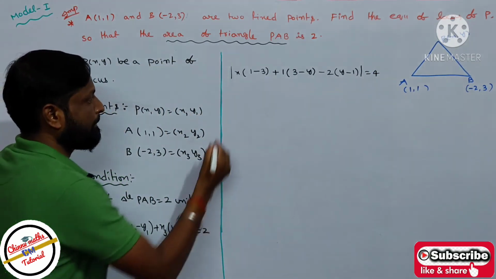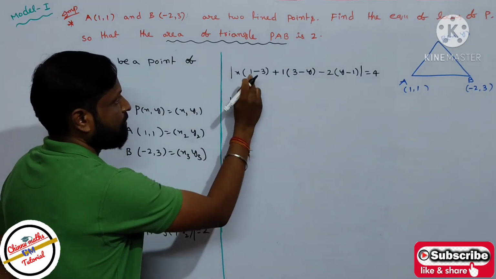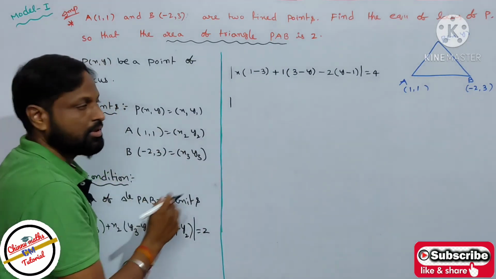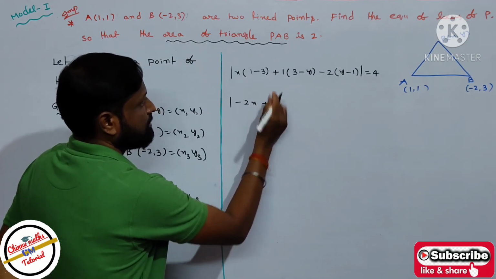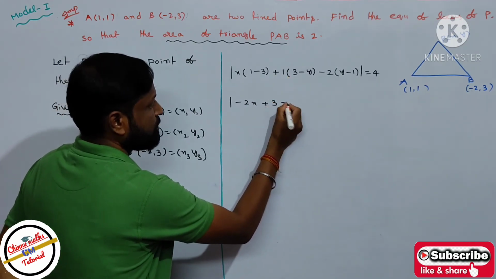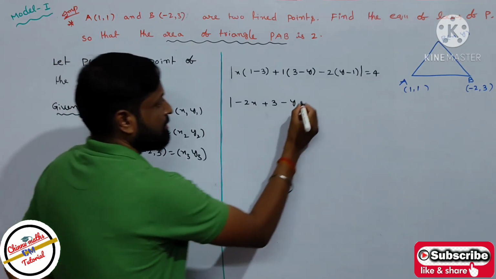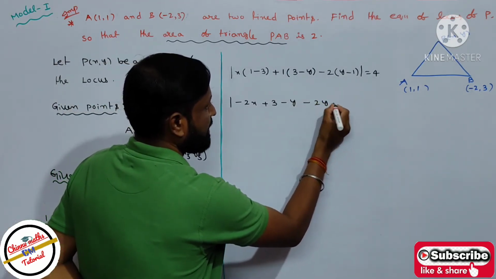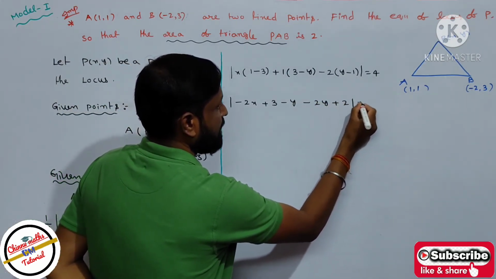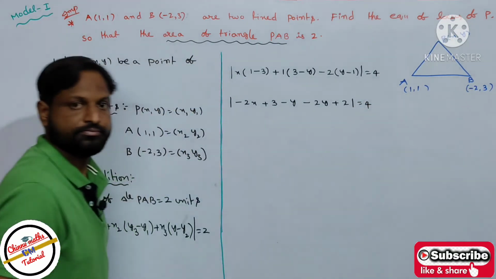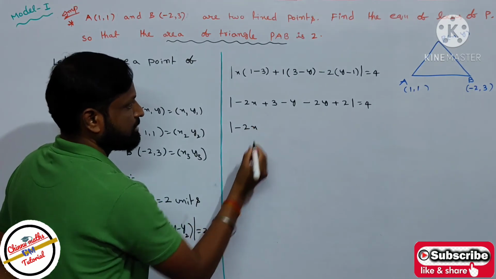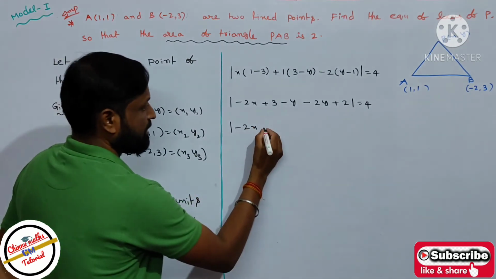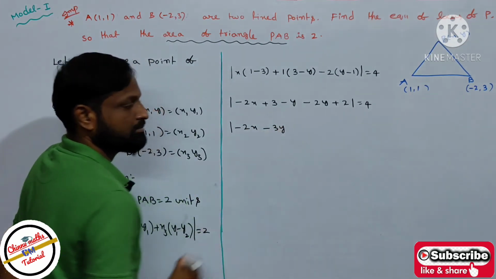Then simplify. Then modulus of 1 minus 2 equal to minus 2, minus 2 into x minus 2x, plus 1 into 3, 3, plus into minus, that is equal to y, minus 2y, minus into minus, plus 2 equal to 4. Next, modulus of minus 2x minus y minus 2y, that is equal to minus 3y.